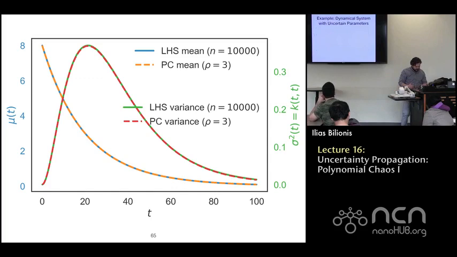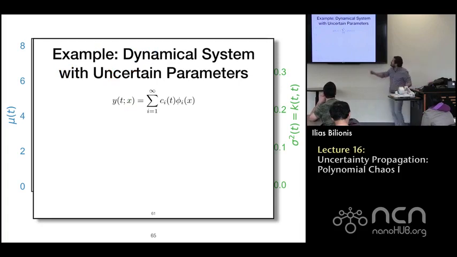Because look at that. You expand the response like that, and as soon as you have the coefficients, which are functions of time, you can just evaluate at any random point you want. So you have solved the problem once and for all.